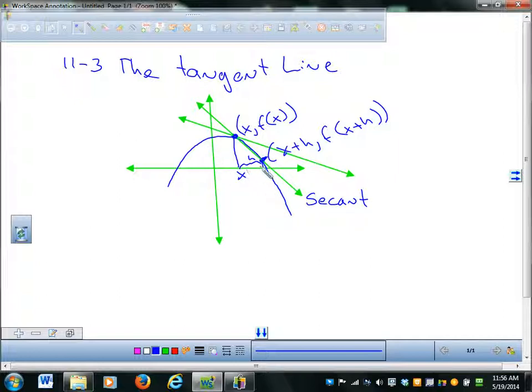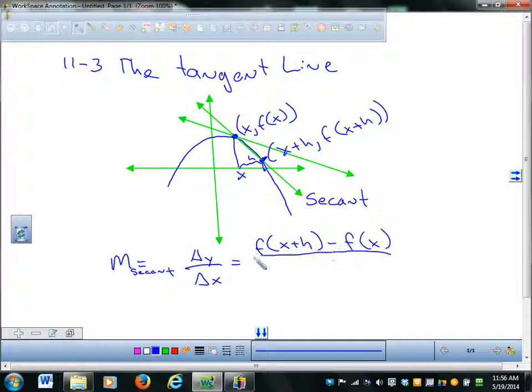Okay? So the slope of the secant line is just delta y over delta x, change in y over change in x, which is going to be f of x plus h minus f of x over x plus h minus x.